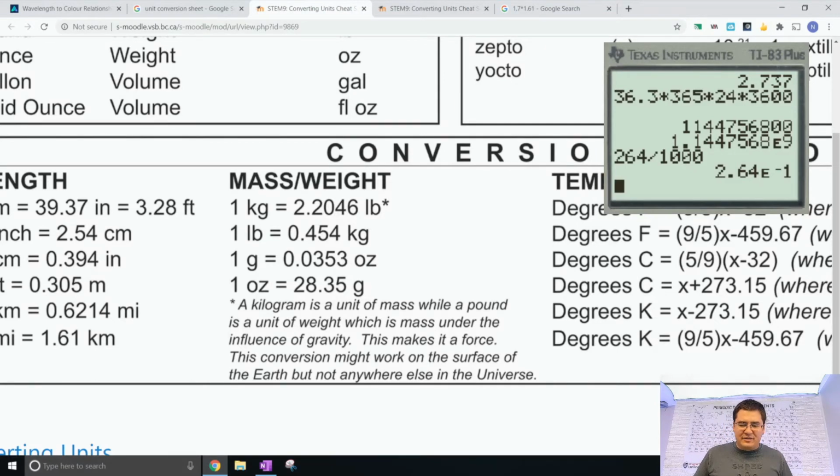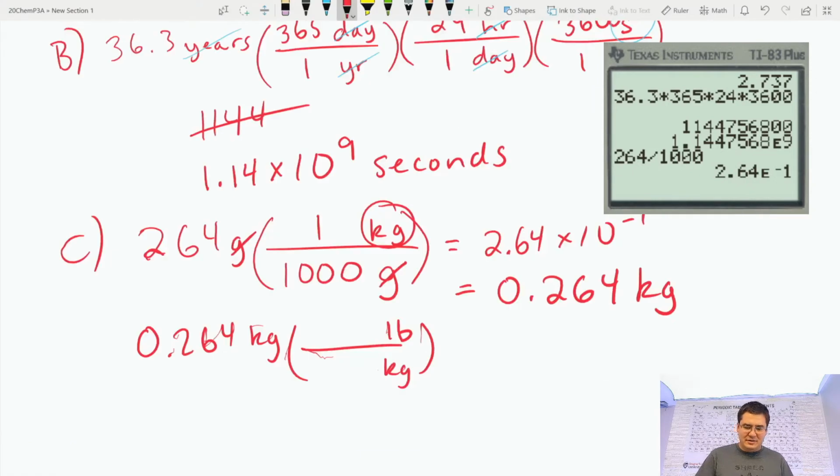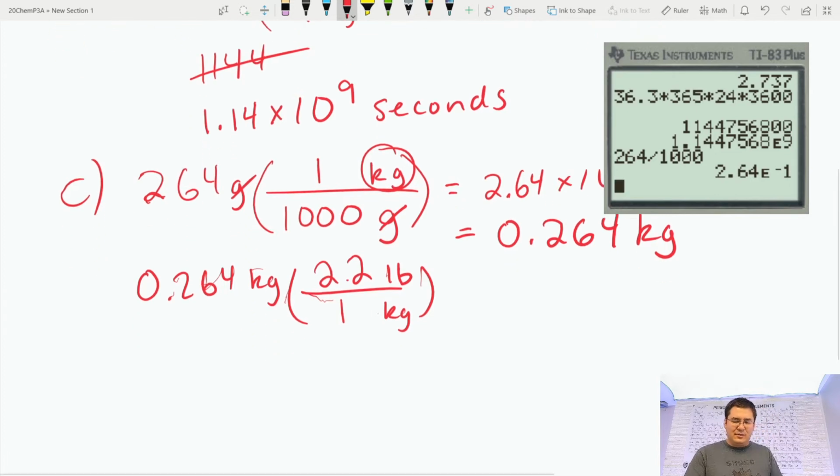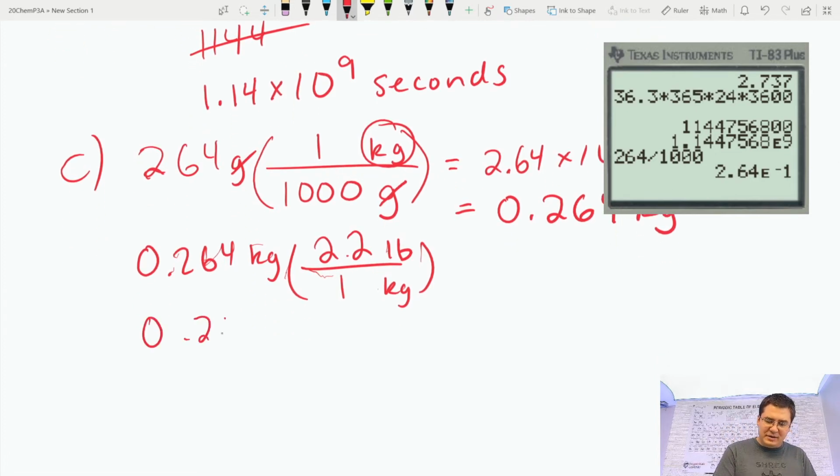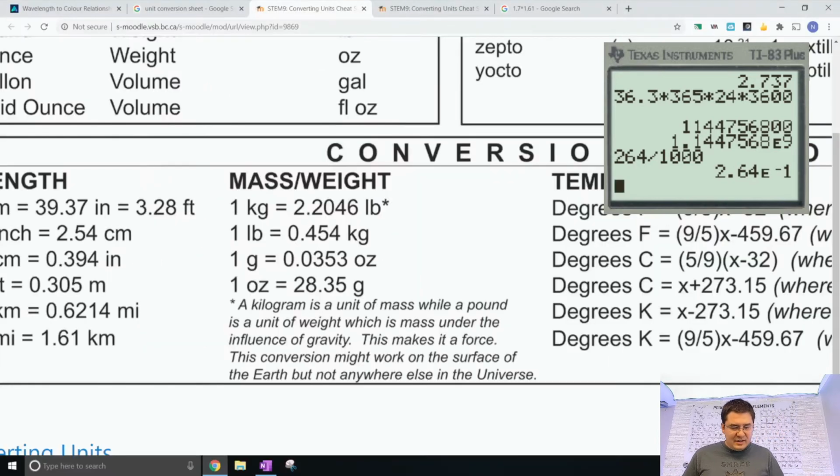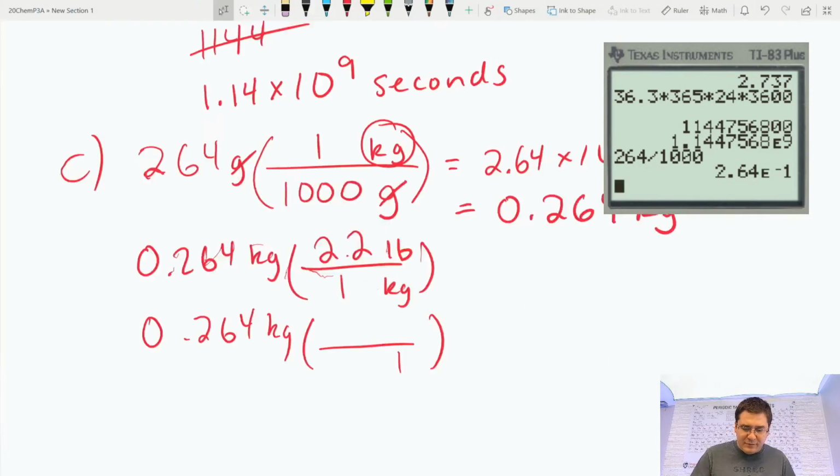Since it's the first one, I'm going to go with 1 kilogram equals 2.2 pounds. Or had I picked, just to show you, the other one, I go from kilograms, and my pen is acting really funny. Let me give it a second. This one is 0.454.